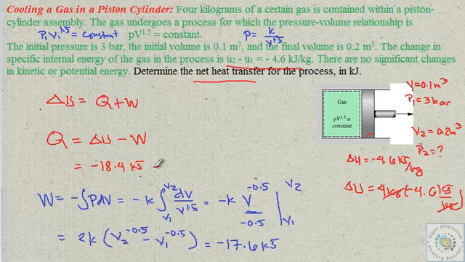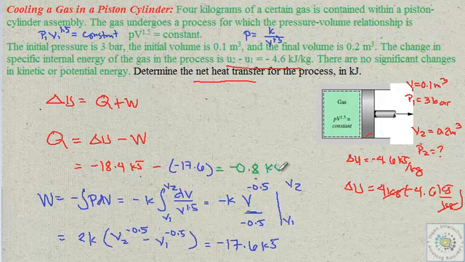Therefore, from here, minus work. Work is already negative 17.6. So minus negative 17.6, with delta U of negative 18.4, gives a value of negative 0.8 kilojoule.